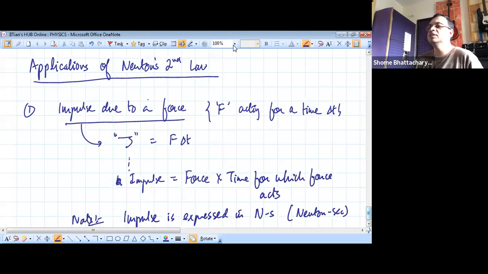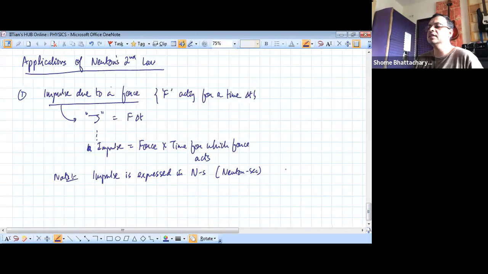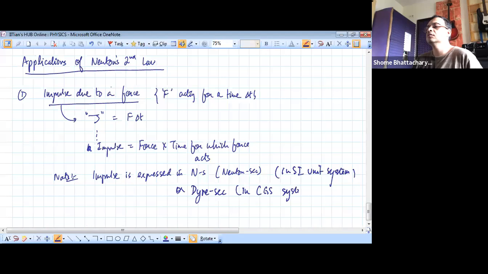In the CGS system, it is expressed in dyne second. So just make a note of this definition first. This is part of the applications of the concept of Newton's second law.